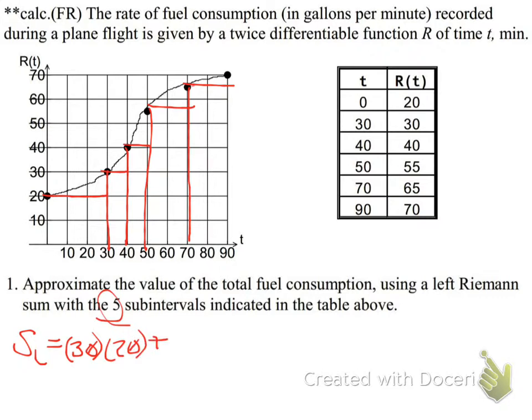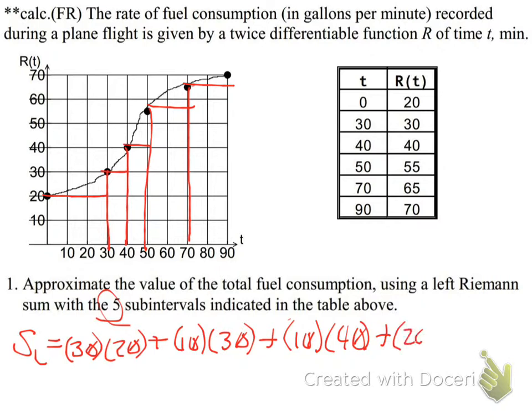Plus the second one, which is going to be 10 times 30, plus the next one, which is going to be 10 times 40, plus the next one, which is 20 times 55, plus the last rectangle, which would be 20 times 65.